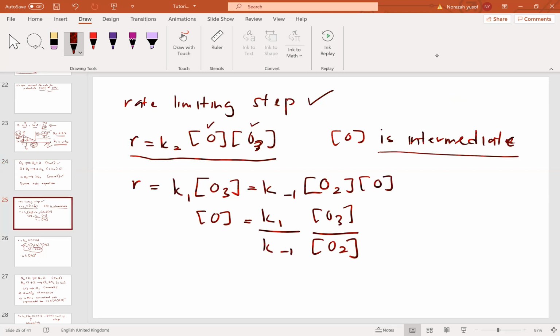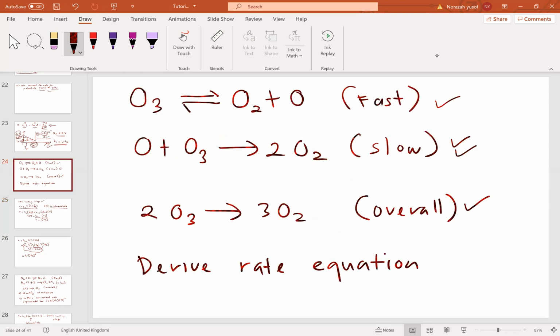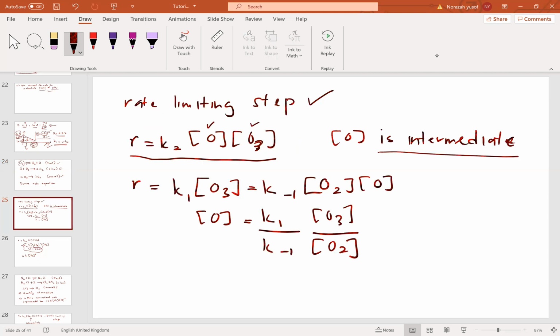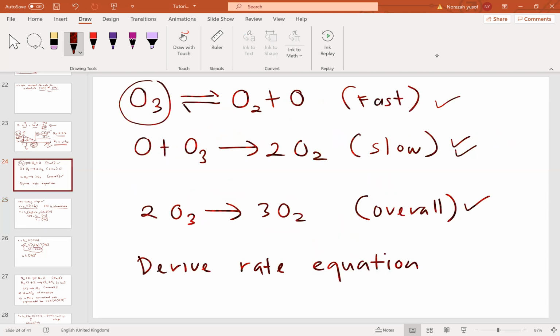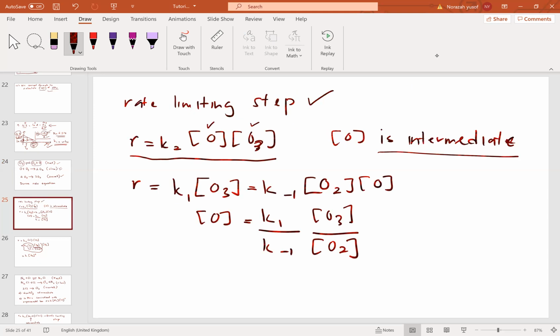K1 is the rate constant for the forward reaction, so K1 O3 is equivalent to, because it is a reversible reaction, K minus 1 of the products.